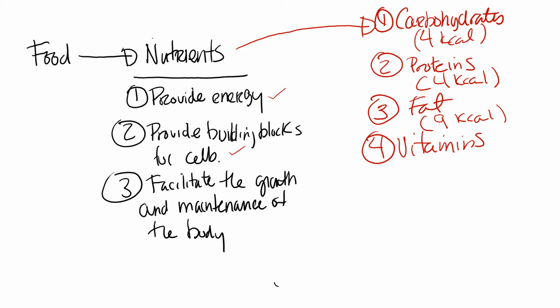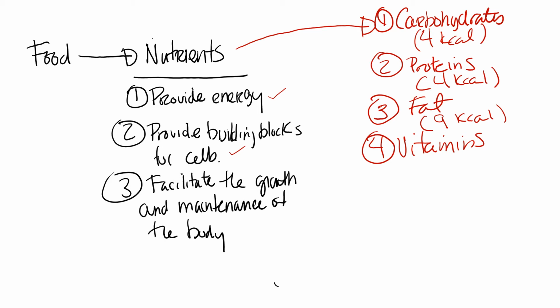The fat-soluble vitamins are A, D, E, and K, and the water-soluble vitamins are B and C. Vitamins do not give any type of usable energy, so there are no kilocalories or calories per gram for vitamins.